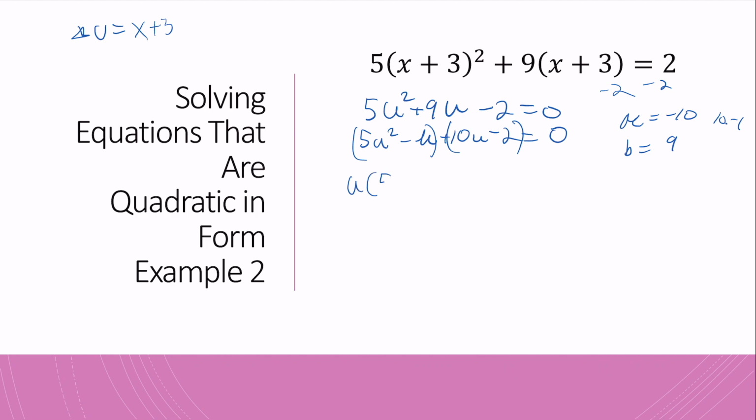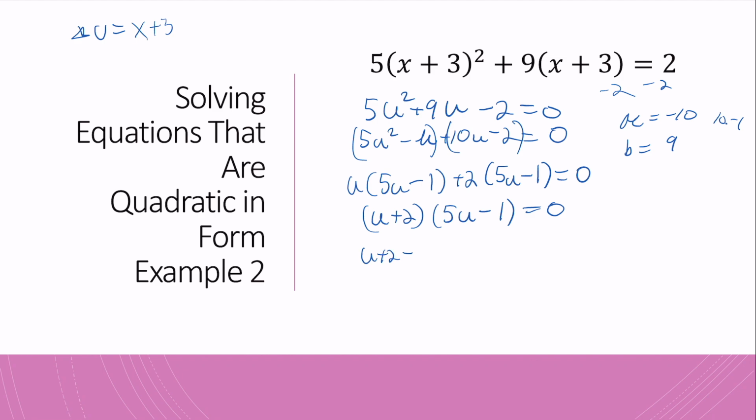I've got u times 5u minus 1, plus 2 times 5u minus 1, equals 0. I collect my greatest common factors and what they left behind. So I have u plus 2 is 0, so u is negative 2, and 5u minus 1 is 0, so 5u is 1, u is 1/5.